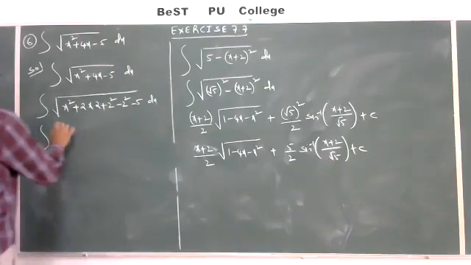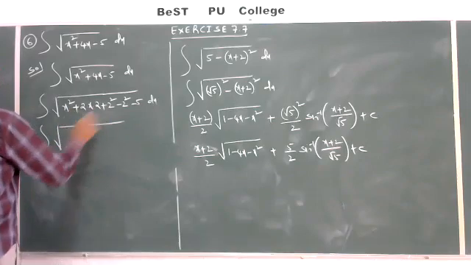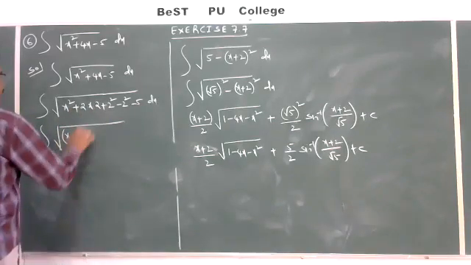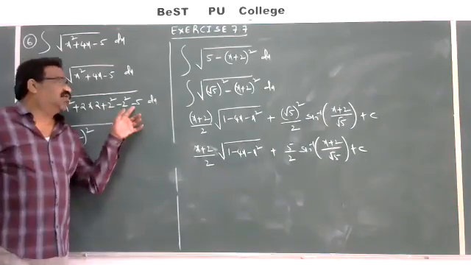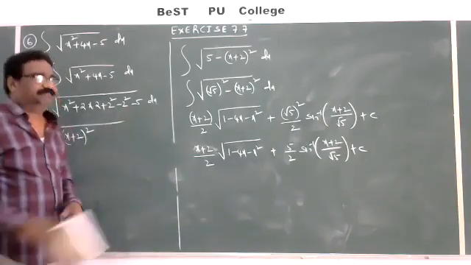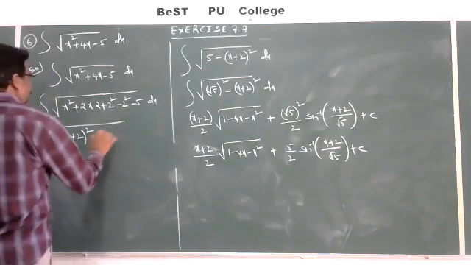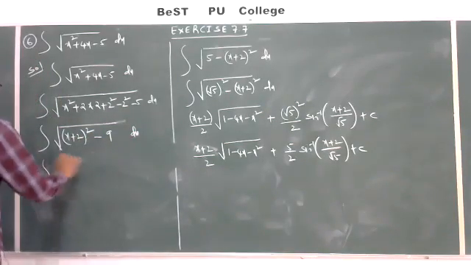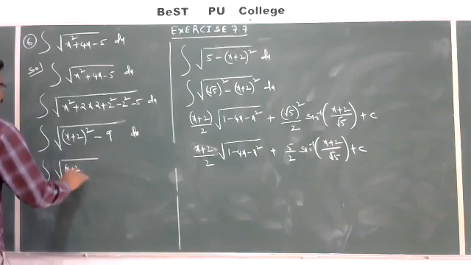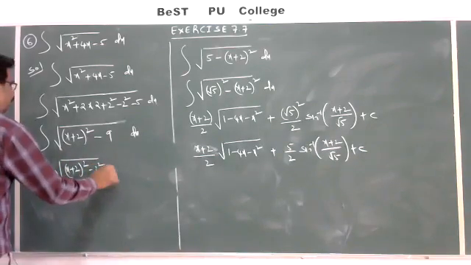That is integral root of x plus 2 whole square, here minus 4, minus 5, minus 9, dx. So this is integral root of x plus 2 whole square minus 3 square dx.